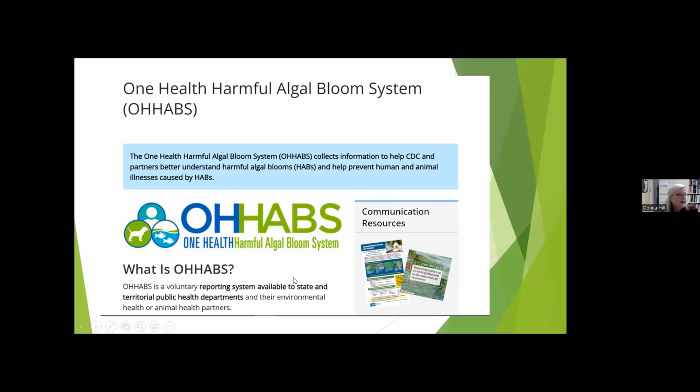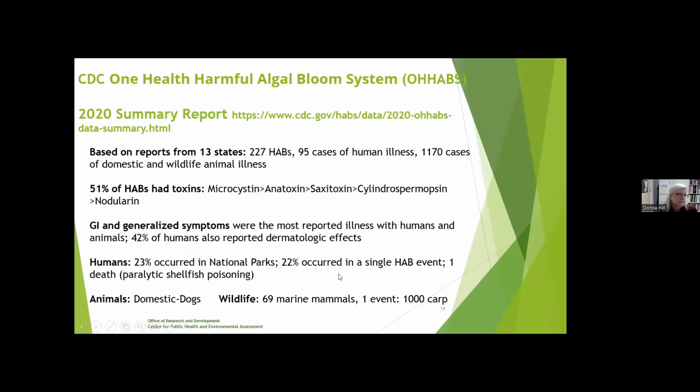And so this is set up, it's a reporting system, it's voluntary, and it's open for public health departments and state agencies associated with them in reporting the HABs events. The most recently published report is from 2020 on this OHABs.